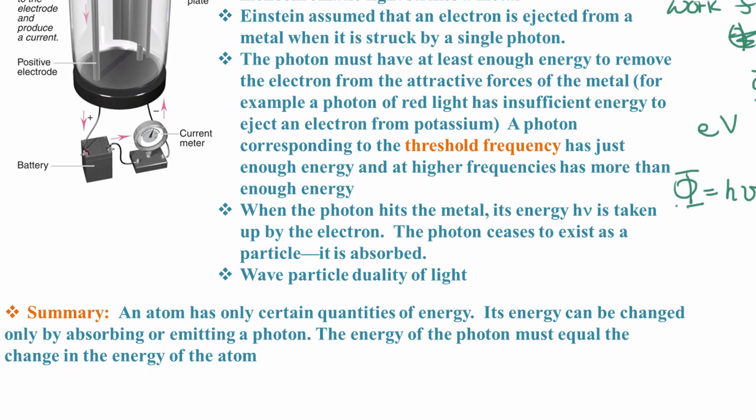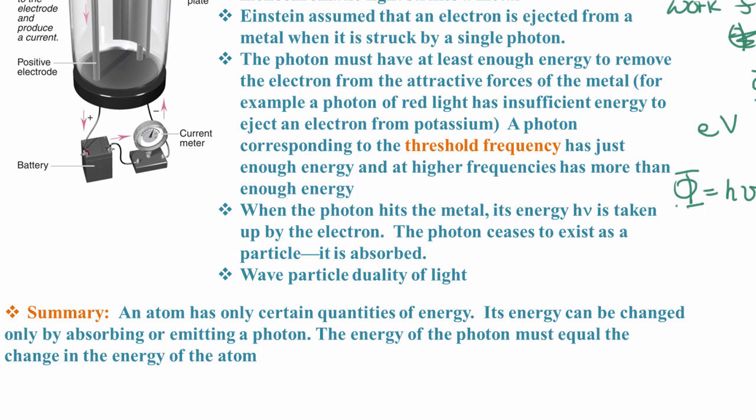So back to our example of the potassium metal, a photon of red light has insufficient energy to remove an electron from the potassium metal. A photon of the corresponding threshold frequency will have just enough energy, and at higher frequencies, it has more than enough energy to eject the electron.